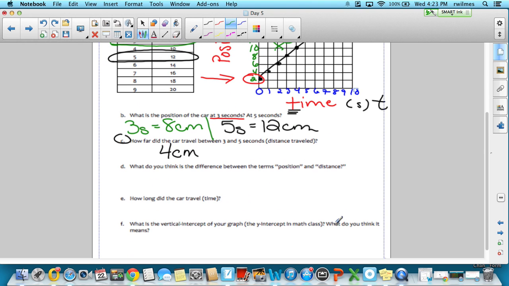On 1D, what do you think is the difference between position and distance? Position means where you are. And distance means how far you have traveled.